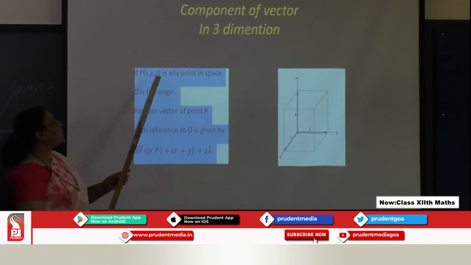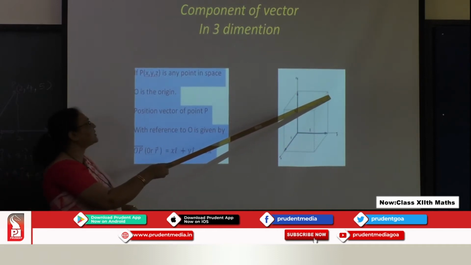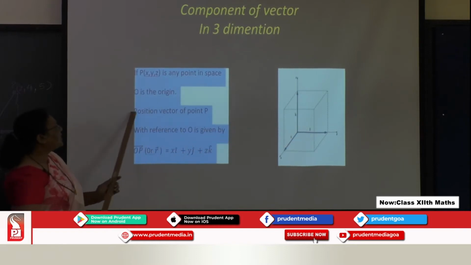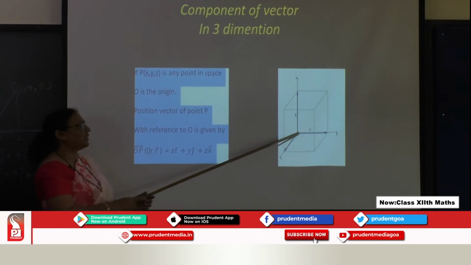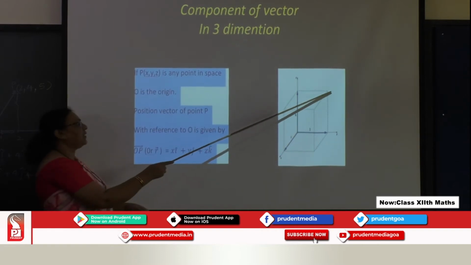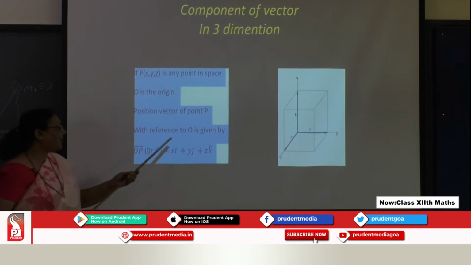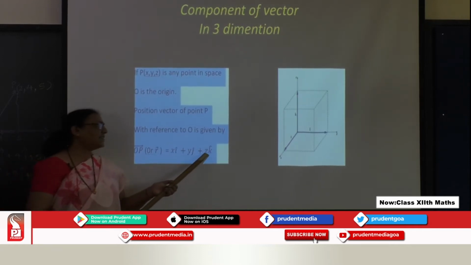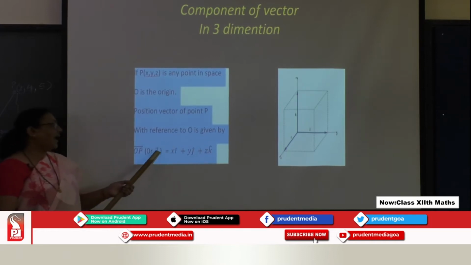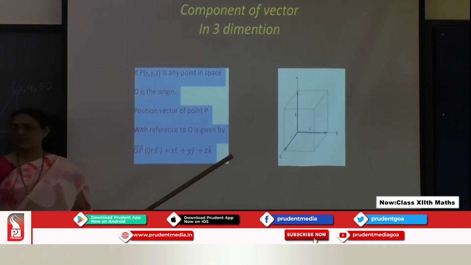Suppose P, with coordinates x, y, z, is any point in space, and the position vector of point P with reference to the origin is the vector OP from O to P. It is given by x times i, y times j and z times k. So, i, j, k are unit vectors along the x, y and z axis respectively.